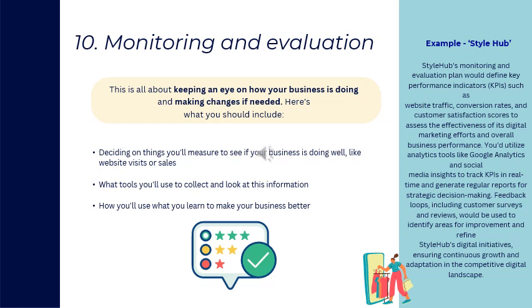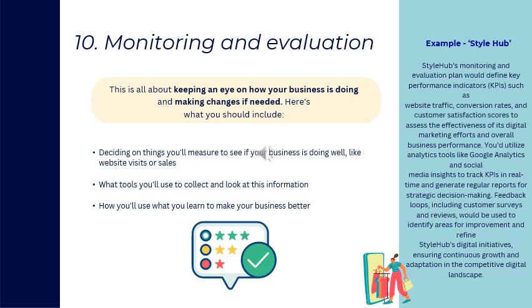The Style Hub example. Style Hub's monitoring and evaluation plan would define key performance indicators, KPIs, such as website traffic, conversion rates, and customer satisfaction scores to assess the effectiveness of its digital marketing efforts and overall business performance.